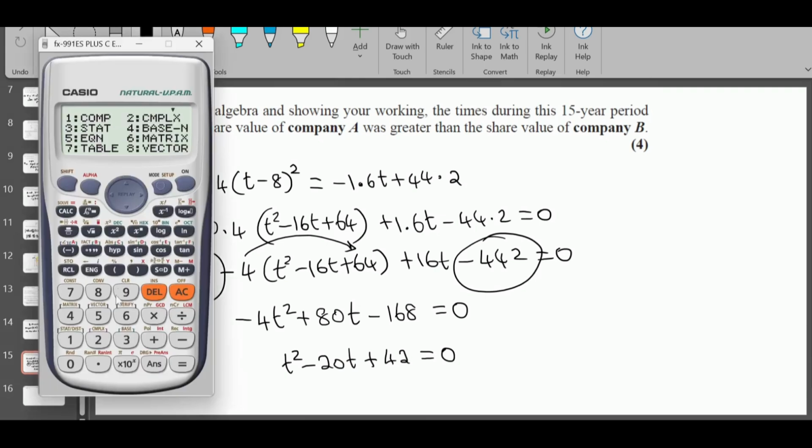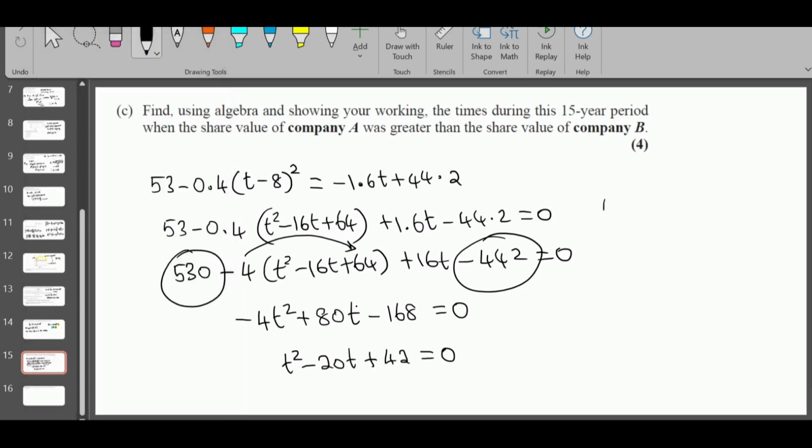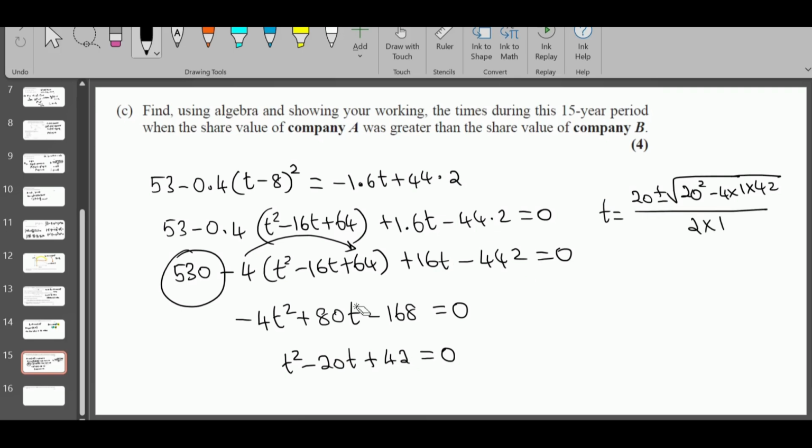Let's solve this quadratic equation. 1, minus 20, 42. Okay, so t is equal to, you need to write this step actually. t is minus b plus or minus the square root of b squared minus 4ac, over 2a. You can't just write the answer from the calculator. You need to show the working, okay?